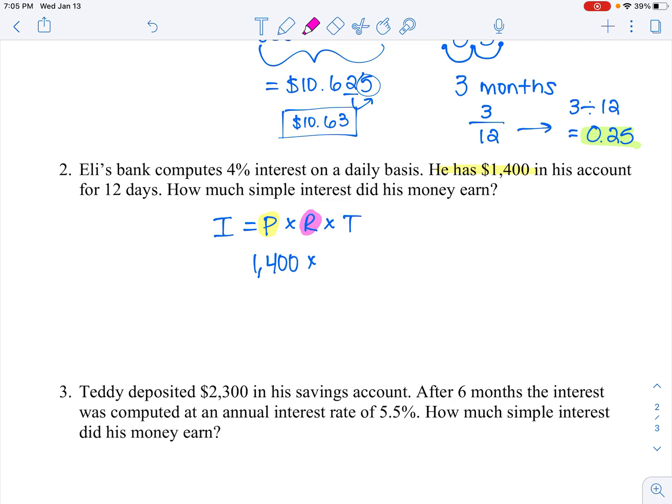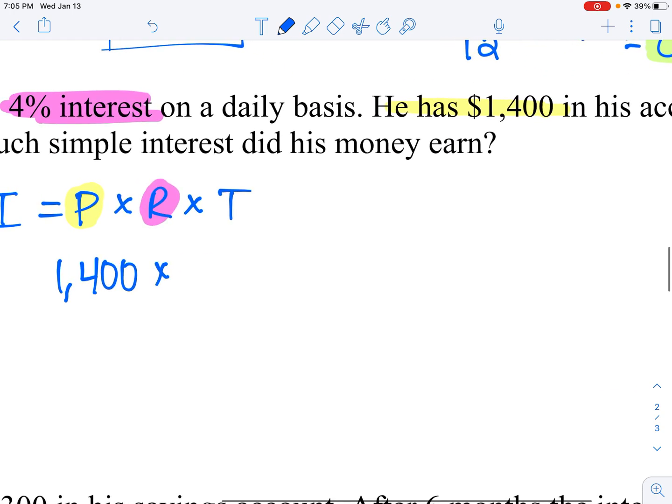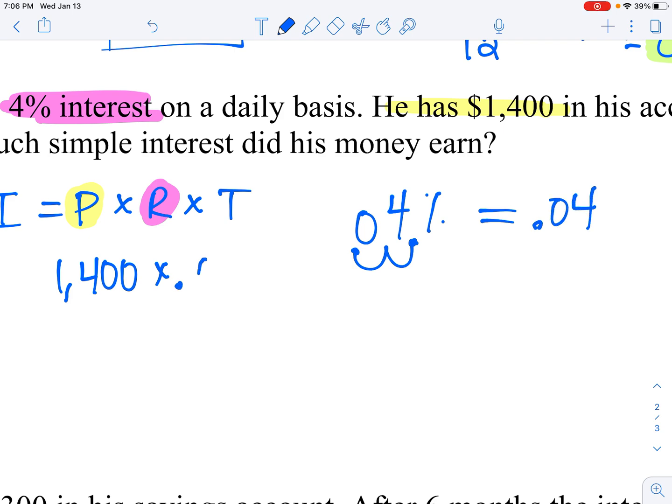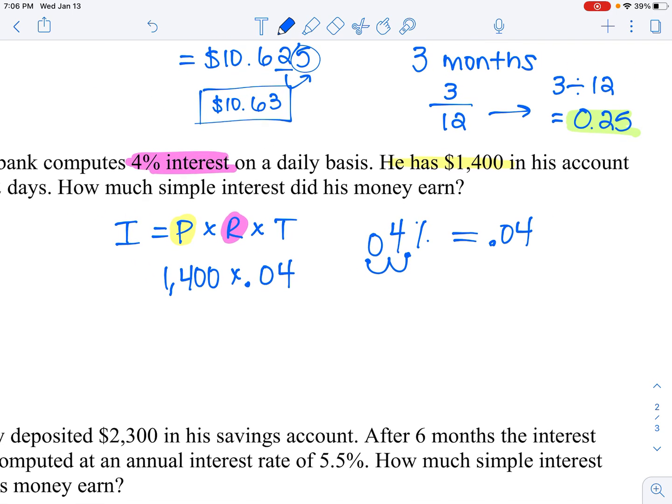I see there is a 4% interest. Should I just put 4 here? No, we got to convert that. 4%. We're moving it once, twice, fill in a 0. There we go, 0.04.